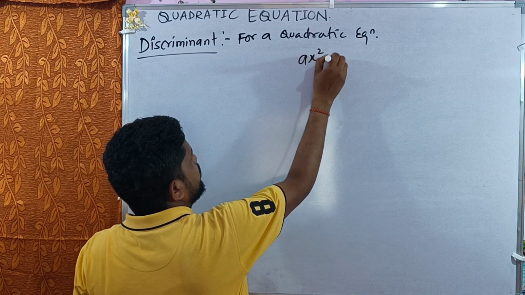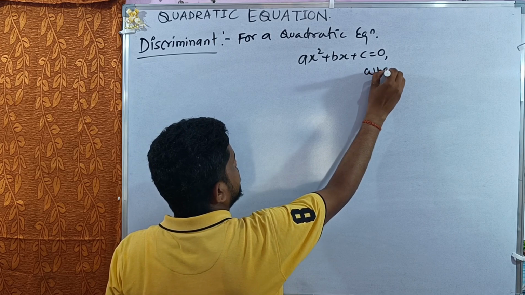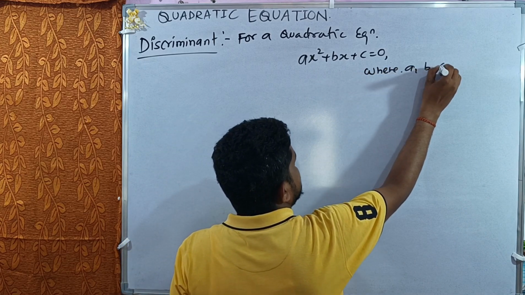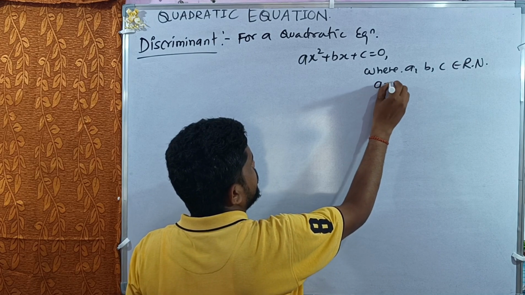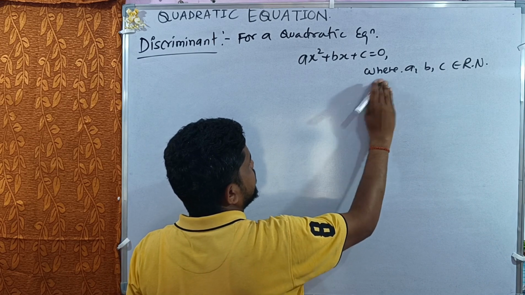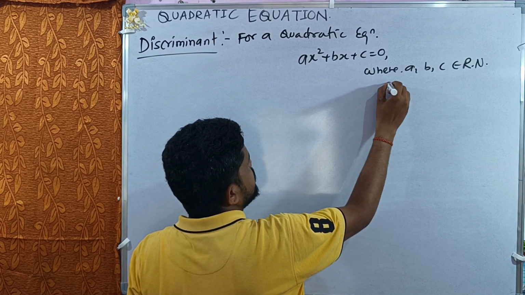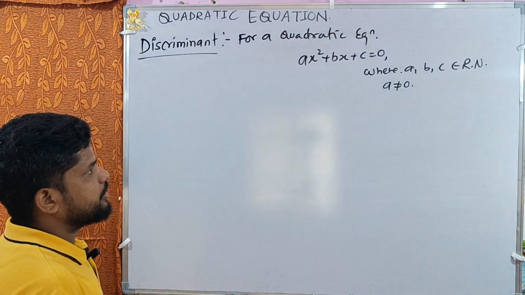ax square plus bx plus c is equal to 0, where a, b, c belong to the real numbers, and the coefficient of x square, that is a, should not be equal to 0. This is our quadratic equation.